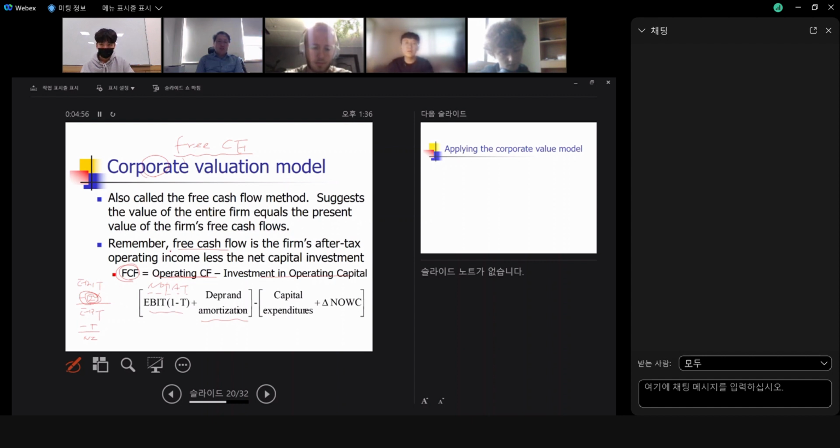So if we consider interest to calculate the free cash flow, it's going to be a double count. So we don't have to think about the interest, and we can deduct the tax directly from EBIT. That's going to be NOPAT, net operating profit after tax.